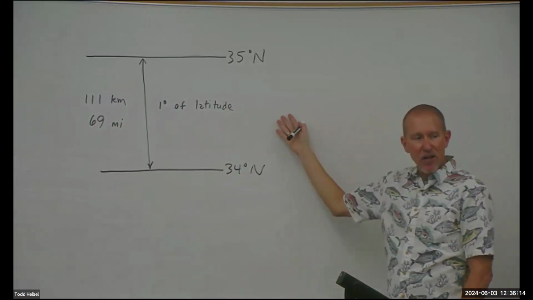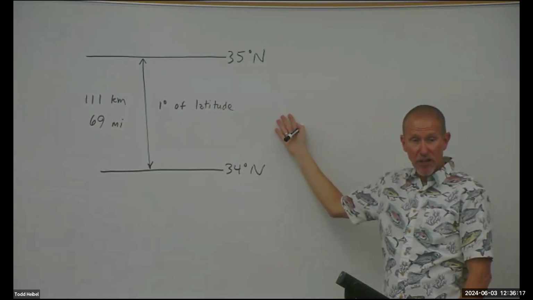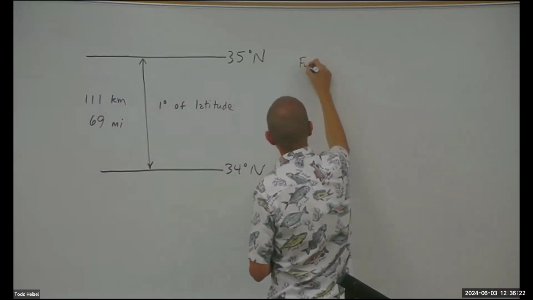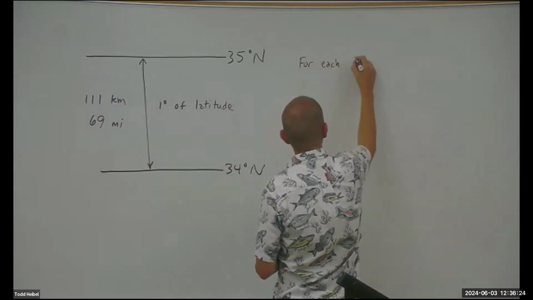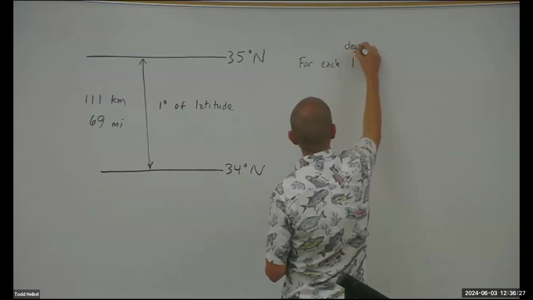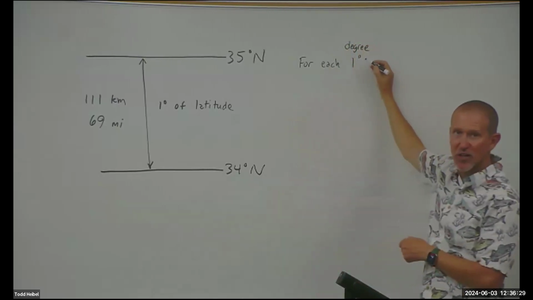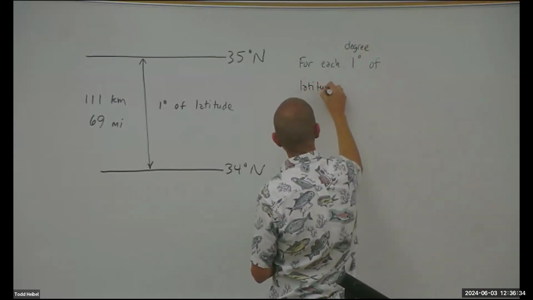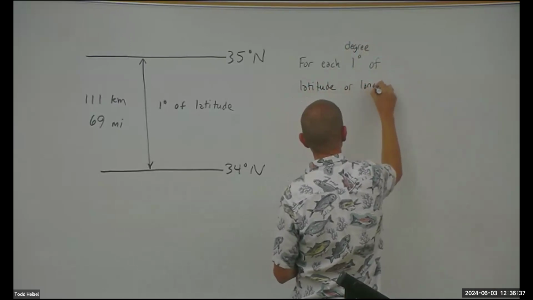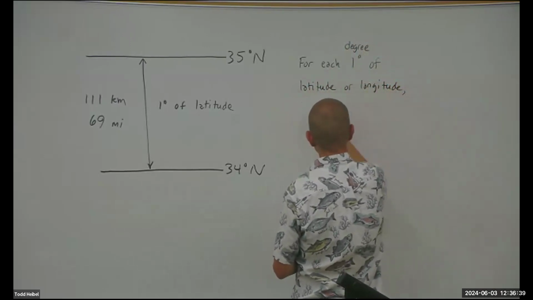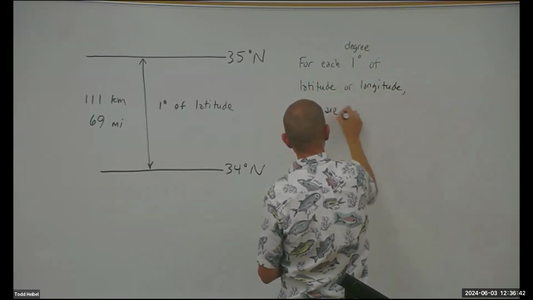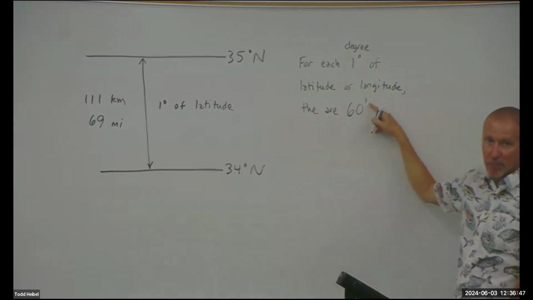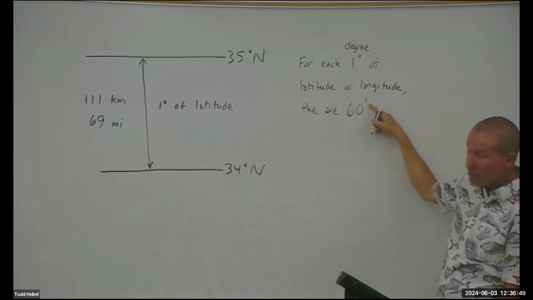Use an analogous concept for degrees of latitude and degrees of longitude. So check this out. For each 1 degree, remember that little circle just means degree, for each 1 degree of latitude or longitude, there are 60, and then we use what's called an apostrophe, or a single prime mark.